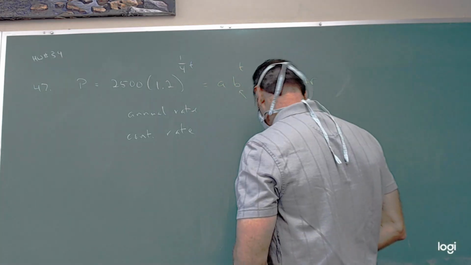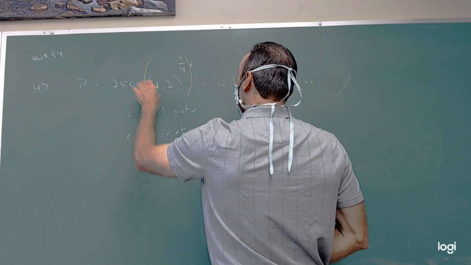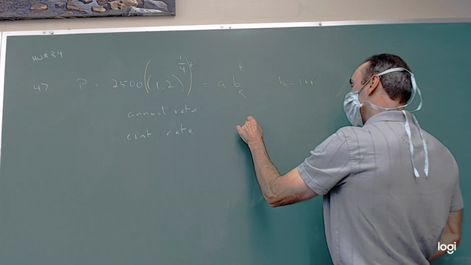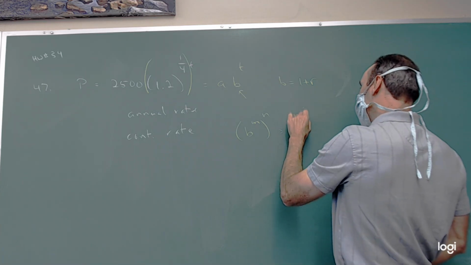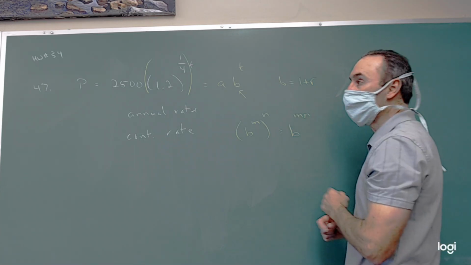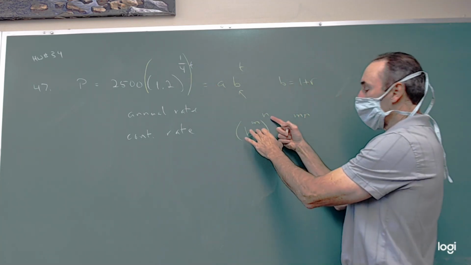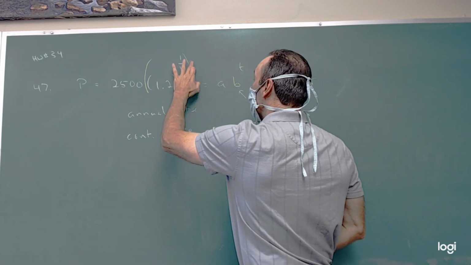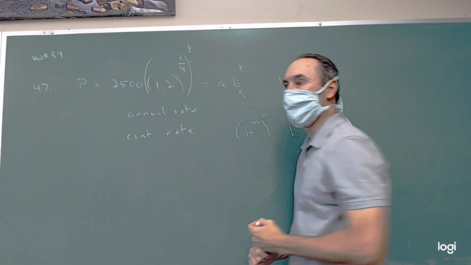So we know that our property of exponents, if we had b to the m raised to the n, that's b to the m n power. So we can separate those out going right to left again. You can write that as 1.2 to the 1/4 to the t power.